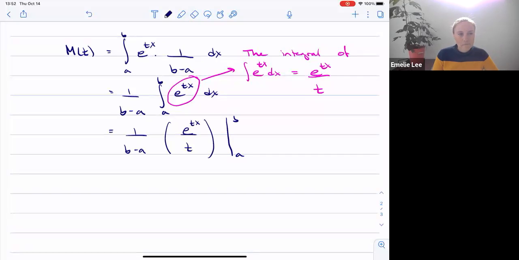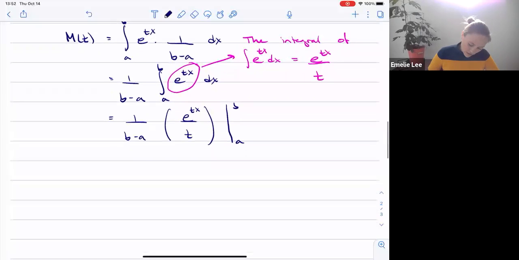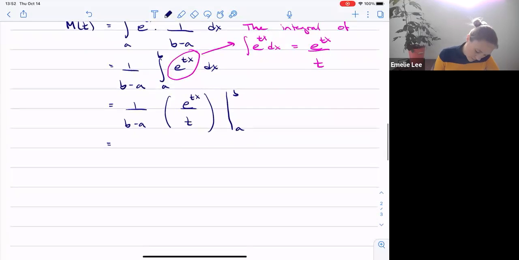Okay. So I let x be b, and then I let x be a, and then I subtract those two. And so I end up with something like, and this is just a fraction times a fraction, I'm allowed to merge those.